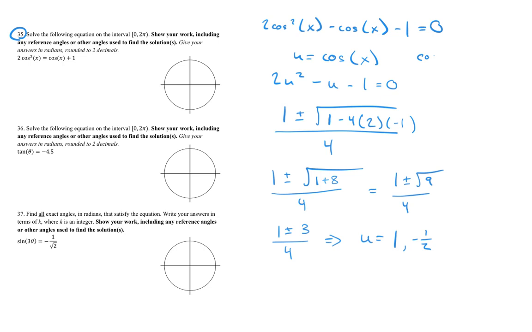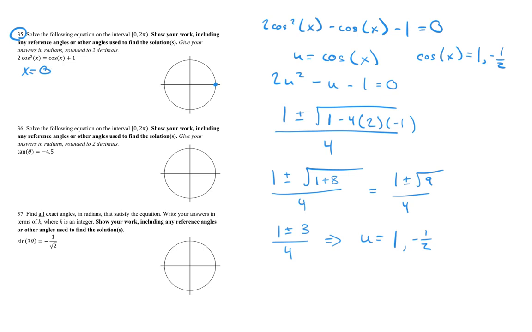So now we have that cosine of x equals 1 and negative 1/2. So now we just need to solve this. So when does cosine equal these two values here? So let's start with cosine of 1. So we know cosine is our x value, so that happens here. So this angle, x, is 0.